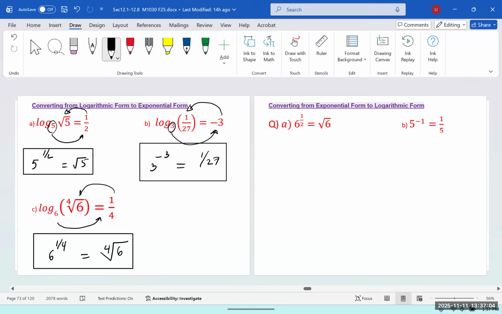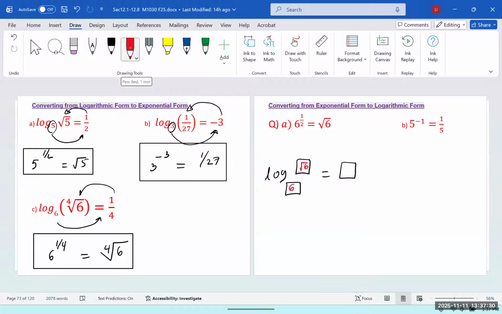For exponential, we can convert them into log. So if we do convert them into log, we need some base and then argument equals something. Log of 6. What's the base? Base is 6. And what's the argument? Square root of 6.